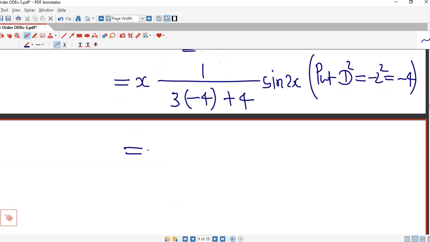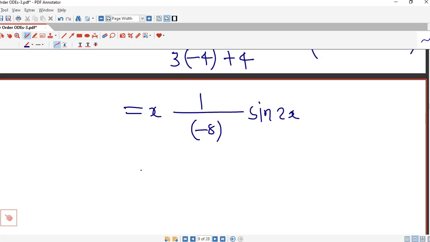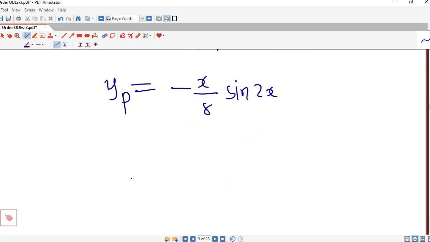So this is equal to x into minus 12 plus 4, that is minus 8, sin 2x, and this we can rewrite as minus x by 8 sin 2x. So this is the particular solution or particular integral.